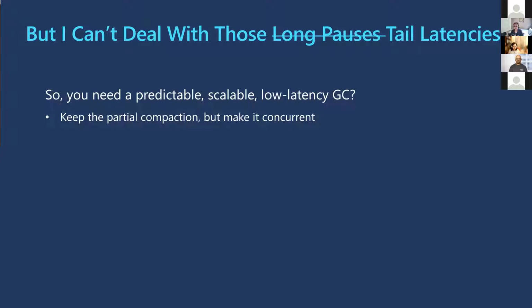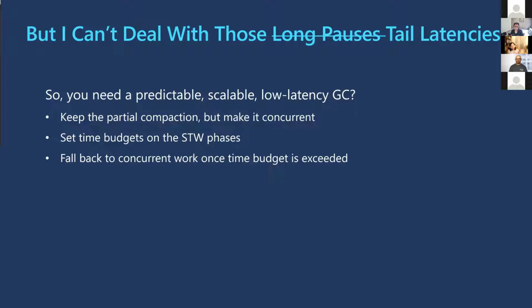And the second thing is that if I want a predictable low latency collector, then I need to set time budgets on whatever stop the world phases. So basically, I don't want my stop the world phases to cross 1 millisecond. So that's a time budget that I put on my collector. And then guess what? If I can tell, based on my prediction, that this stop the world phase is going to take more than 1 millisecond, then I do not do that in the stop the world.